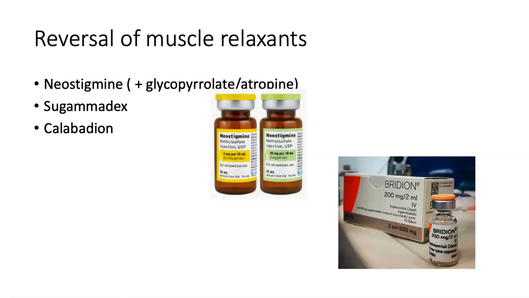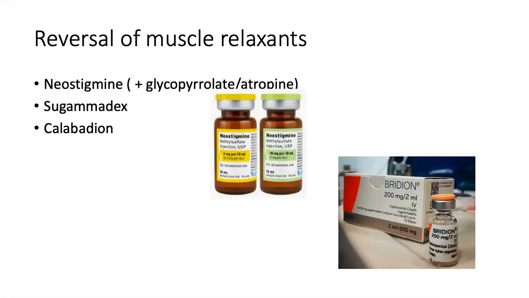of Sugammadex is that, unlike neostigmine, which is an acetylcholinesterase inhibitor, Sugammadex chelates, or encapsulates, the rocuronium, and that's how it clears it. But it does require the patient to have working kidneys, because the Sugammadex rocuronium complex is excreted by the kidney.